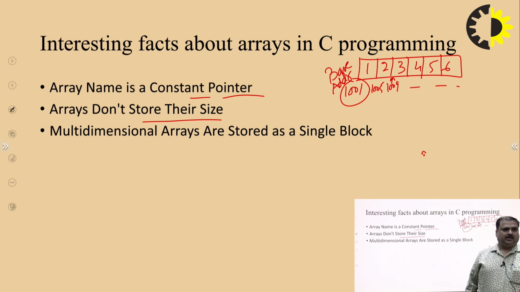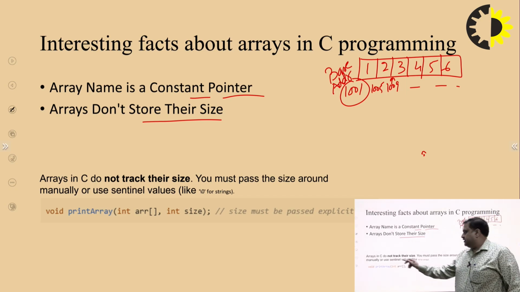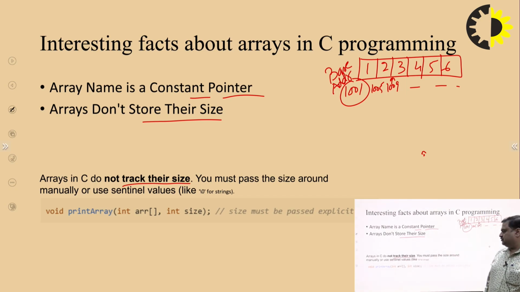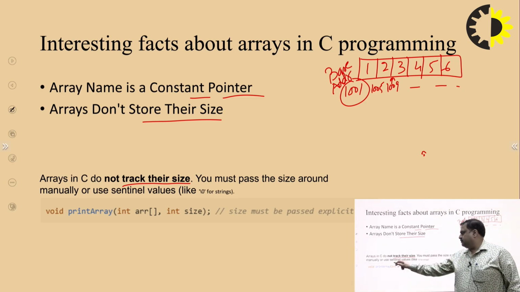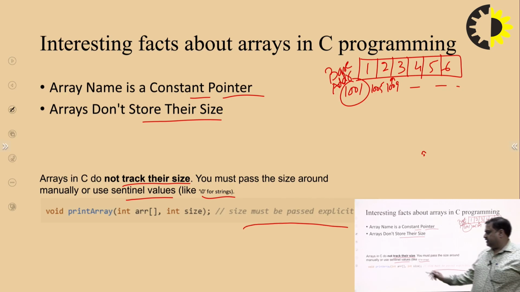Let's try to understand. Arrays do not track their size. So you need to pass the size manually, or use sentinel values, for example a terminator for strings. So size must be passed explicitly.